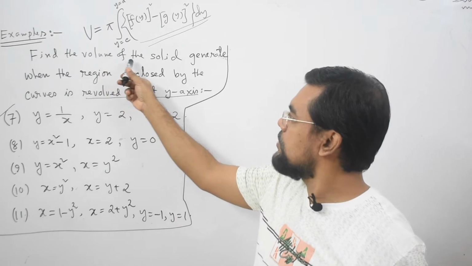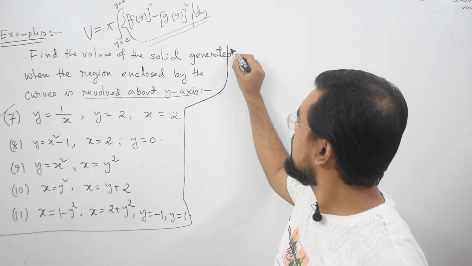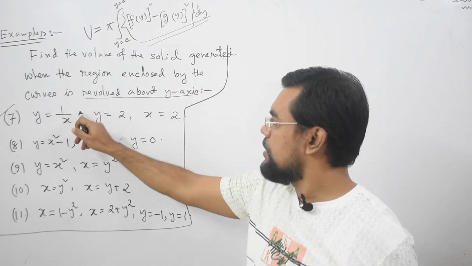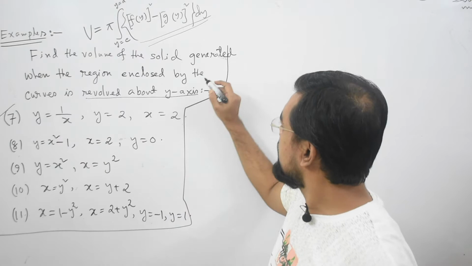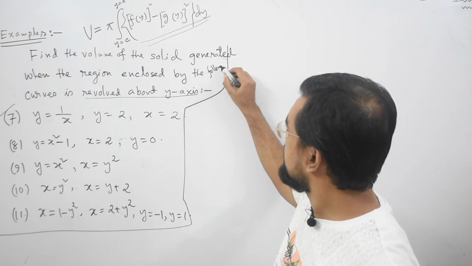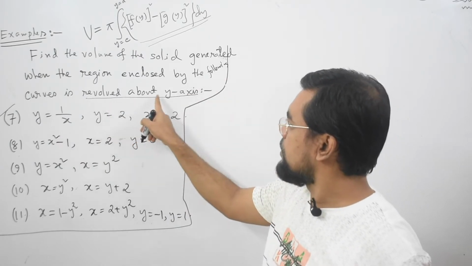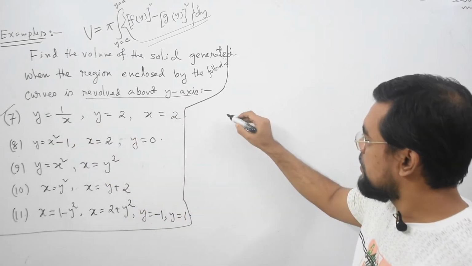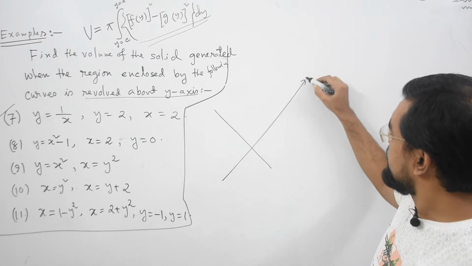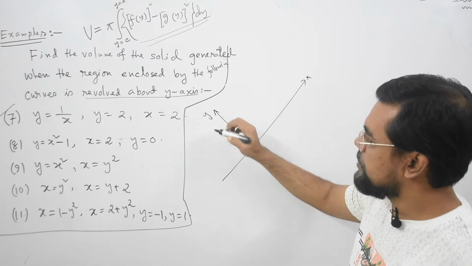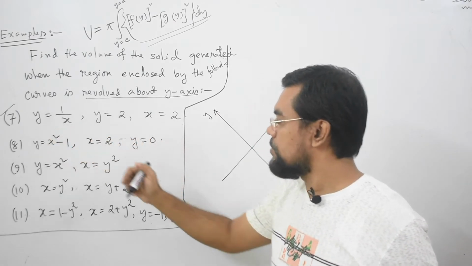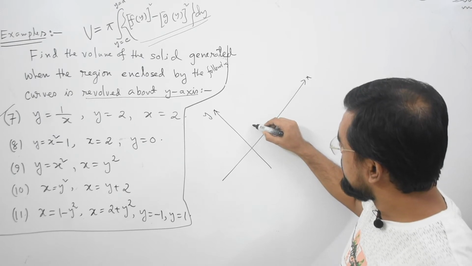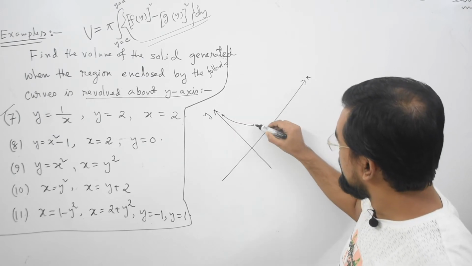It says find the volume of the solid generated when the region enclosed by the following curves is revolved about the y-axis. So let me first sketch the graph. This is our axis notation, and the first one is y equal to 1 by x, a curve we know passes through the point (1, 1).